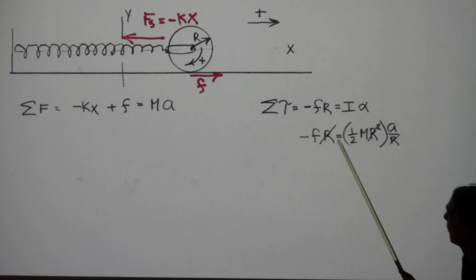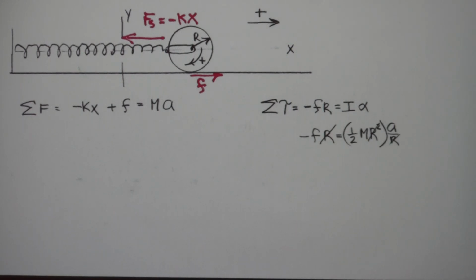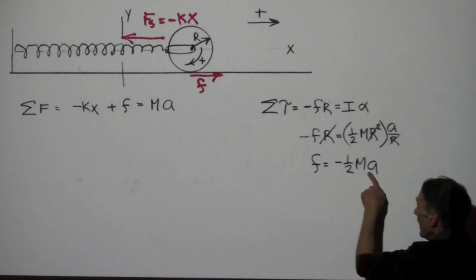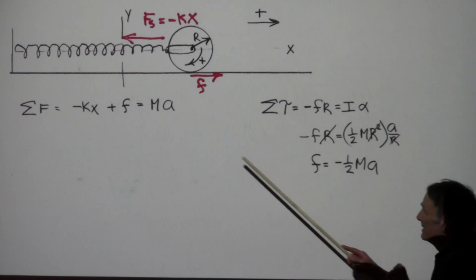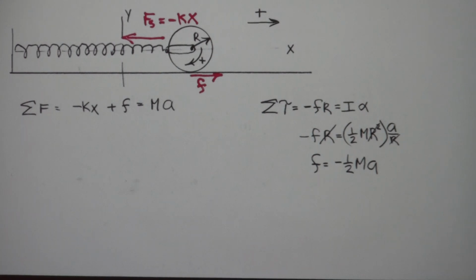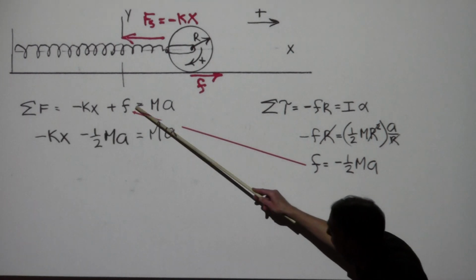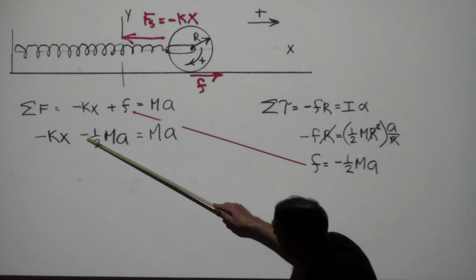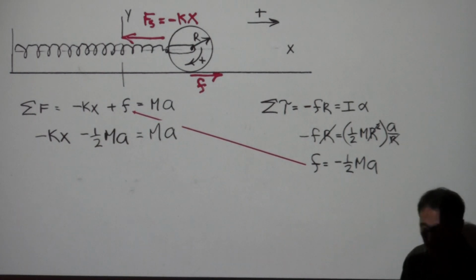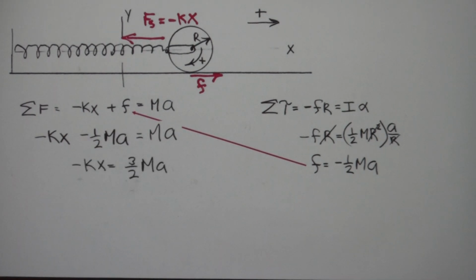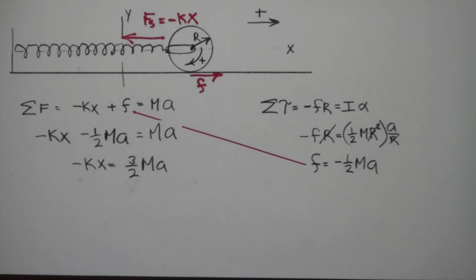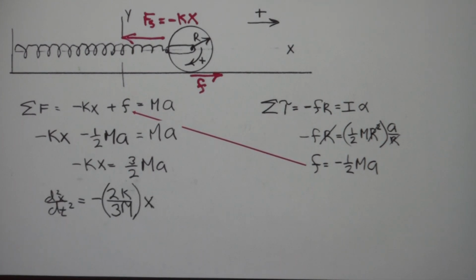I'm going to solve for F here. So F is equal to minus 1/2 ma. And then I can take it back over to this equation and stick it in there and simplify some terms. So I've got this with the minus here. We can bring this over to the other side to join that one, and we get minus kx is equal to 3/2 ma.